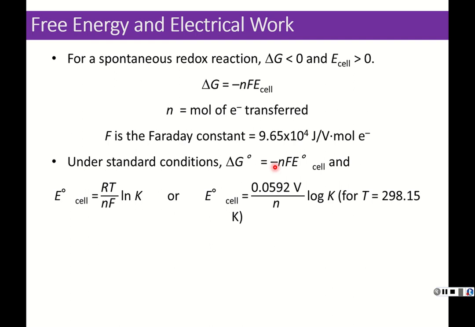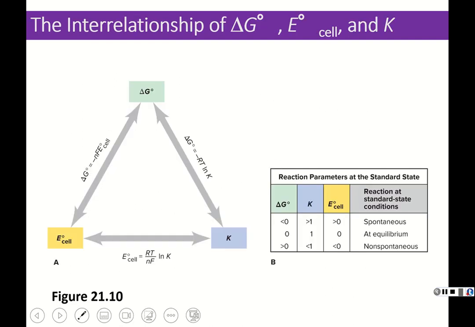Okay. So those two equations will help us. And how delta G relates to K, that's just negative RT ln K, right? And so if we combine these two equations, we get this one. So you can now interconvert delta G, K, and cell potential with these three equations, right?